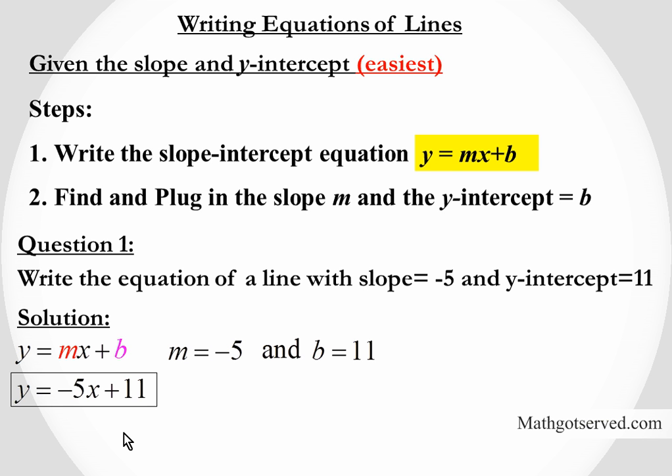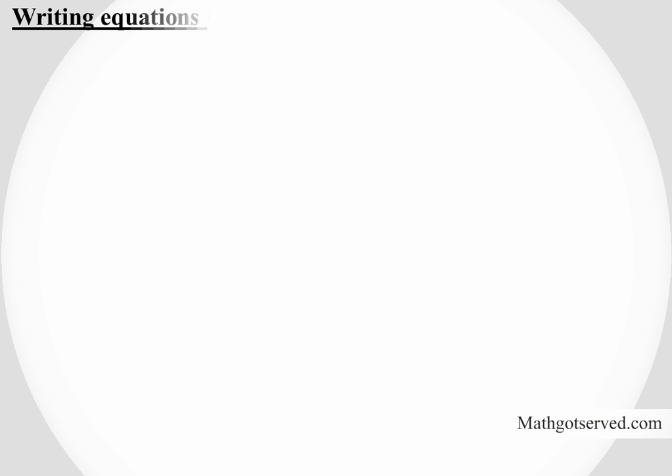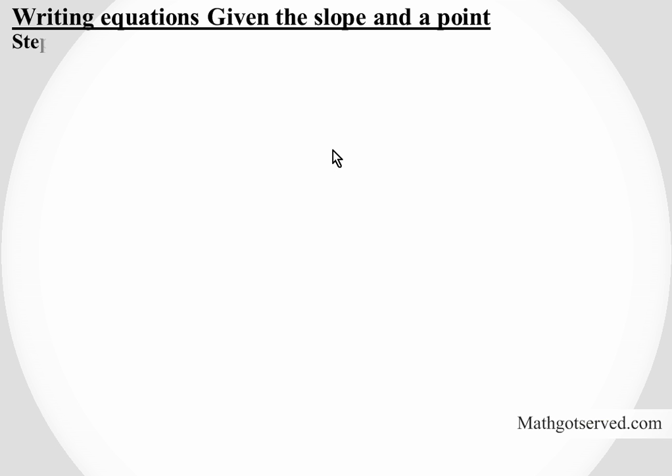Let's take a look at the other formula, which is the point-slope form. It's applicable to situations where you have to write the equation of a line given a slope and a point. What are the procedures for using the point-slope formula? First, you label your point x1, y1, and the slope m.